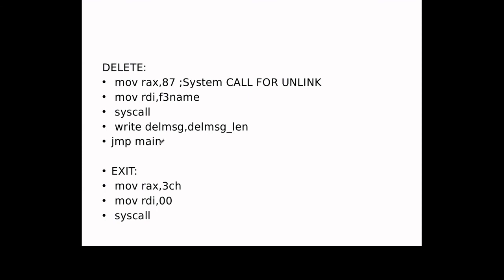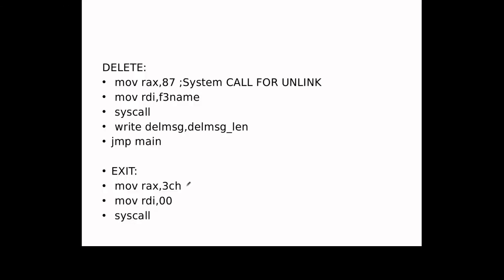Okay, then jump to main, again go to the main, to receive the option from the user. And the last option is exit option, that is to exit from the program, that is 3ch system call. Okay, so this is the program where we are simulating copy and type command by using the assembly language program.